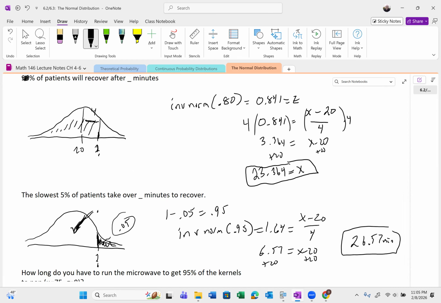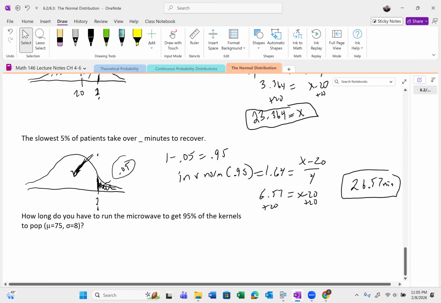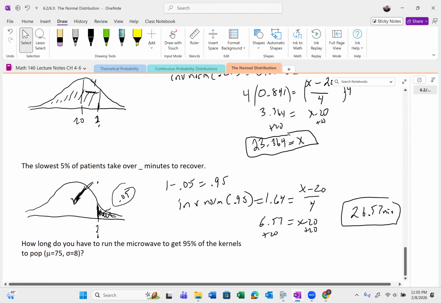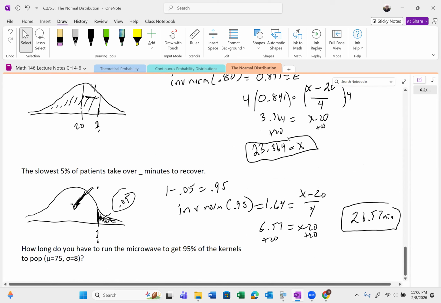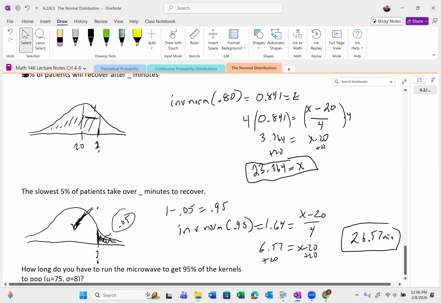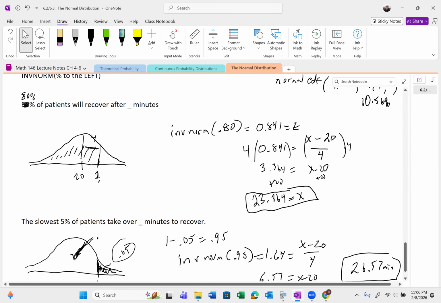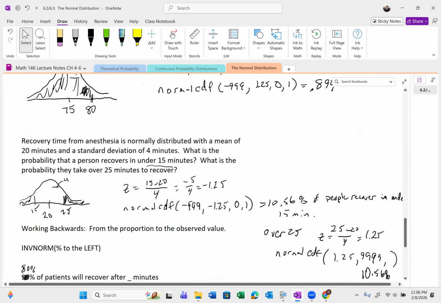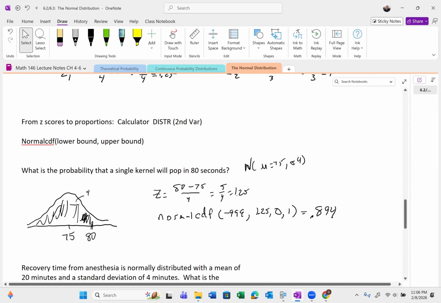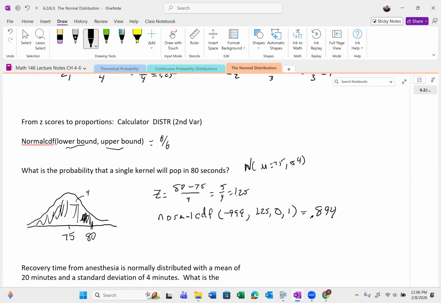So we've got two different commands there to work with. We've got the normal CDF, and with the normal CDF, you have to feed it a lower bound and an upper bound, and it gives you the probability, the percentage of your population that is between those two bounds.